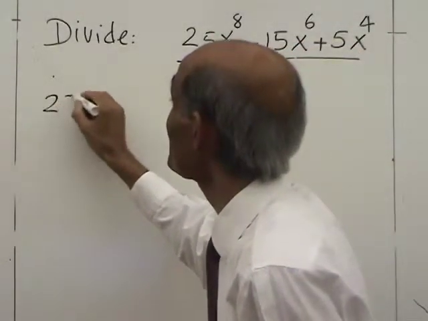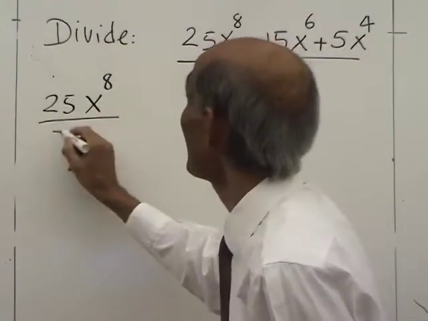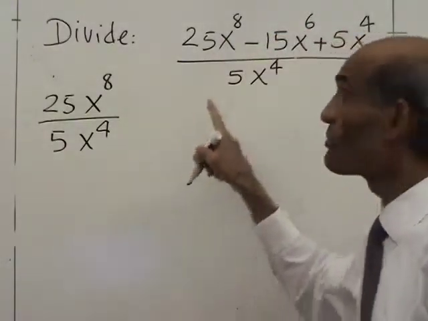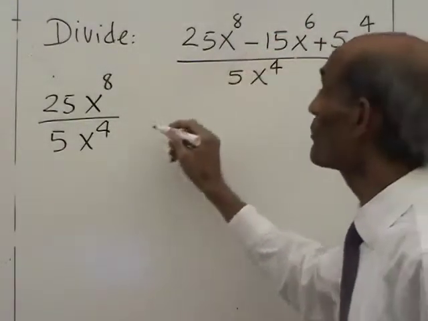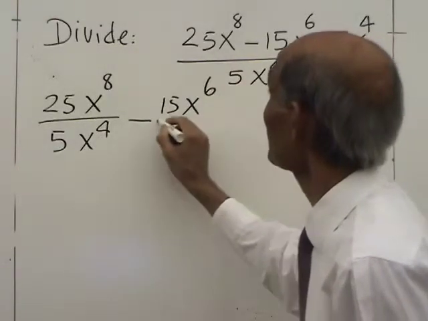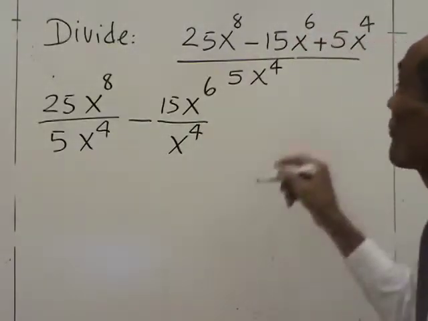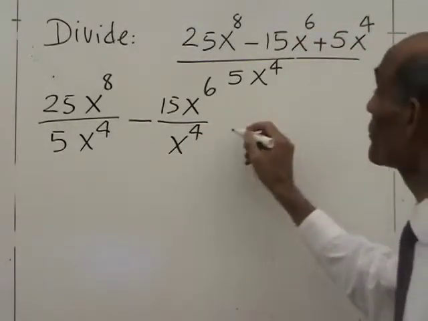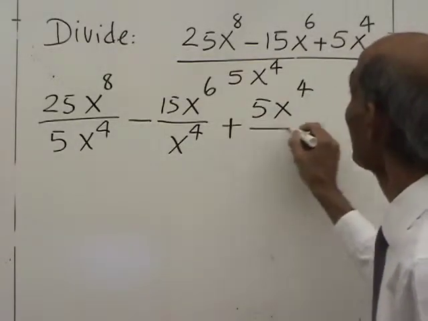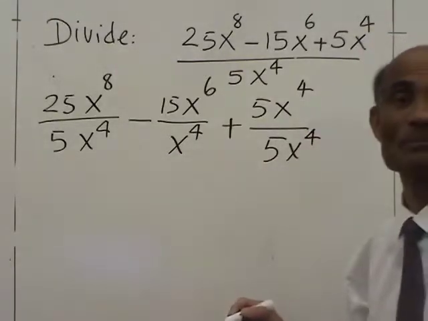That will be 25x to the power of 8 divided by 5x to the power of 4, followed by this sign, minus, 15x to the power of 6 divided by x to the power of 4, followed by plus, 5x to the power of 4 divided by 5x to the power of 4.